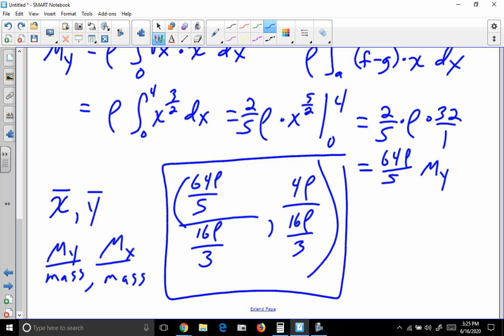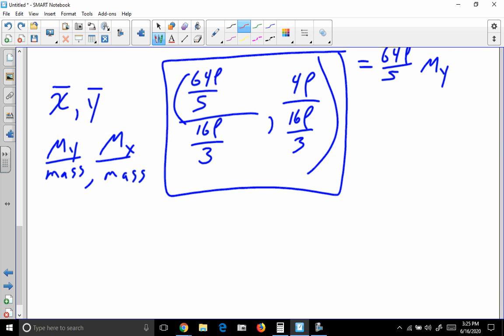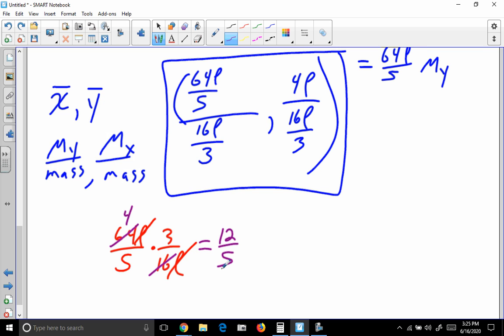So if we simplify that, that'll give us our center. Let's do 64 rho over 5, multiply times the reciprocal. So the densities cancel out. Notice we didn't even have to know the density here. We just had to know it was a constant. 16 goes into 64 4 times, so we get 12 over 5. So that's our x bar.